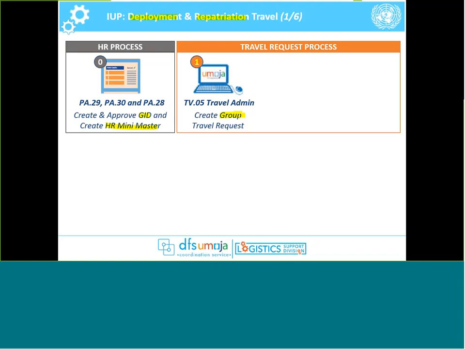This unique group travel request will go for the TSA's approval, and TSAs will receive in their inbox the group travel request, and they can approve the entire group. So no need to approve each traveler individually. By the way, the travel administrator will have to indicate the details of each uniformed personnel.